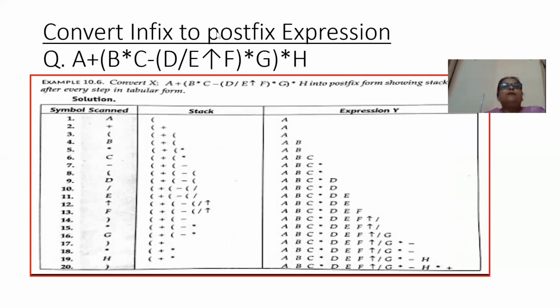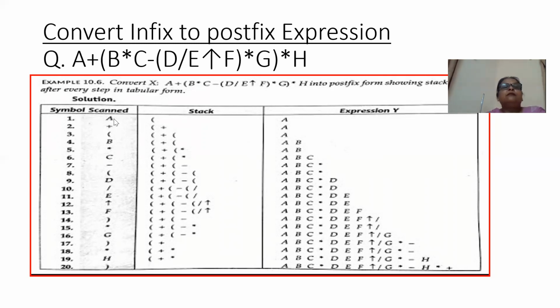To convert infix to postfix, this is the question: A plus B into C minus D divided by E arrow F into G asterisk H. A simple algorithm is there. When an operand comes, add it to the output; when an operator comes, push it onto the stack.